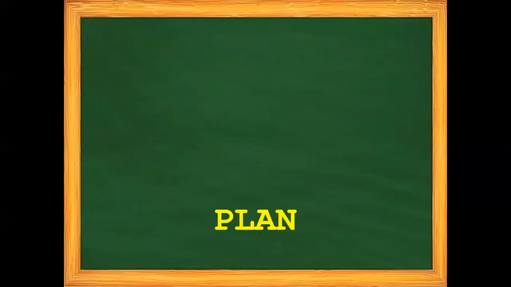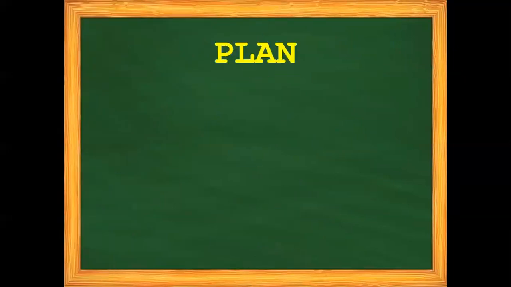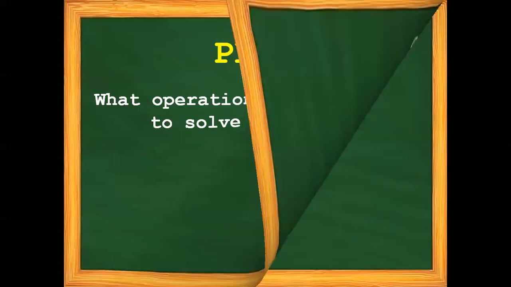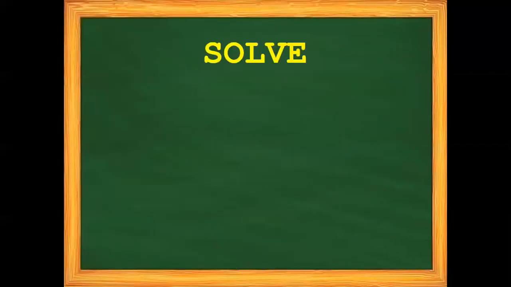Then after that, we have to plan. In planning, we have to answer this question: what operations shall we use to solve the problem? Then finally, we are going to solve the given problem. And as we solve the problem, we have to show our solution.